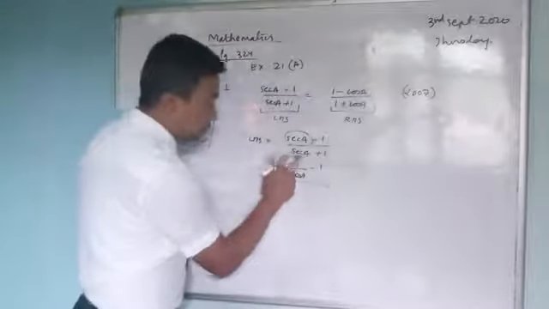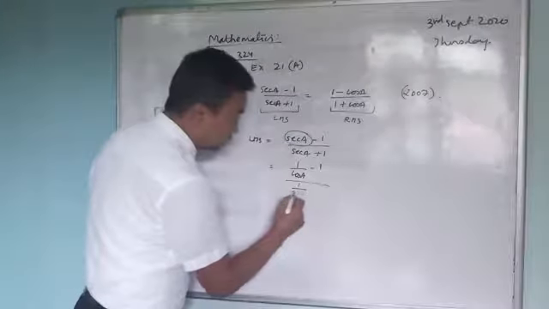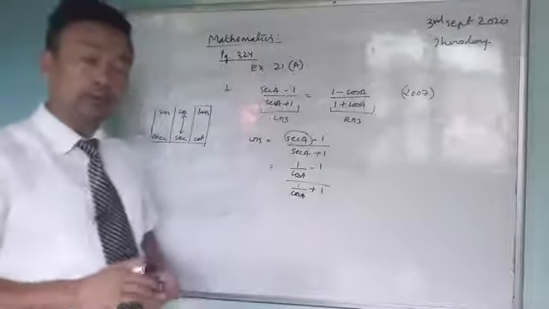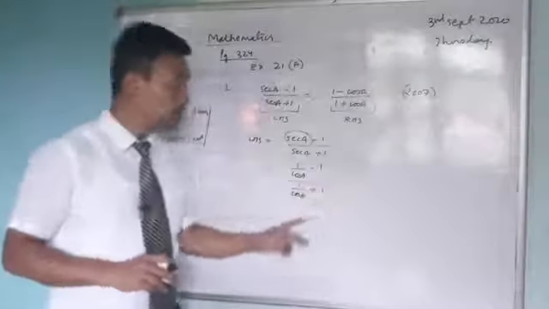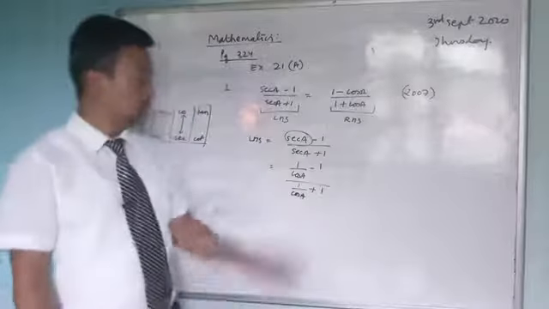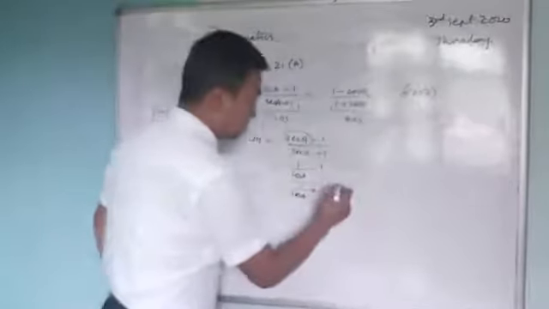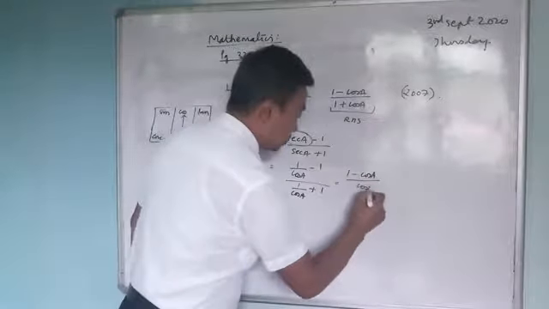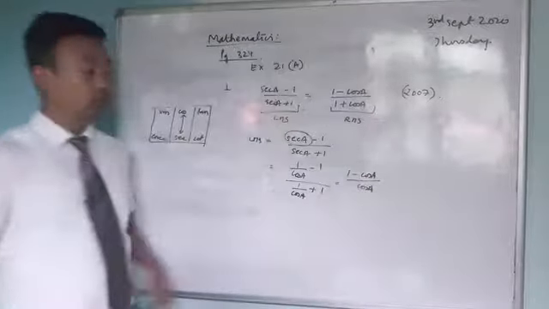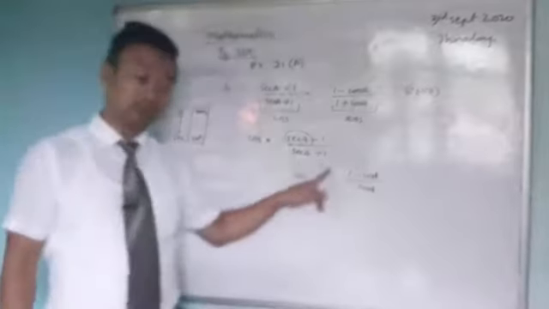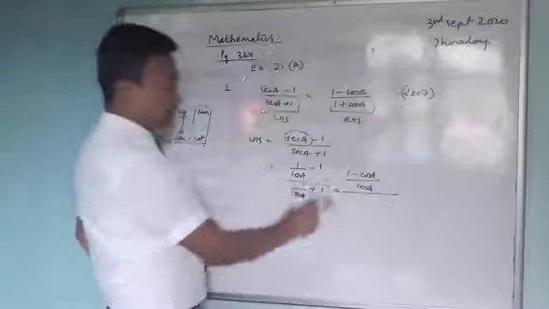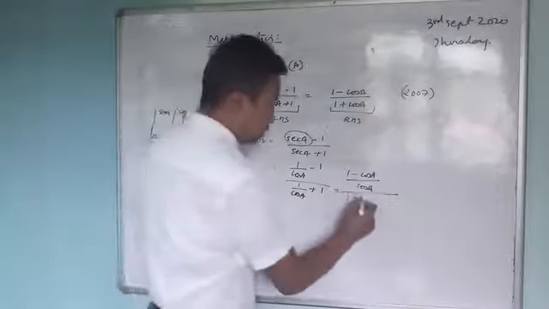And likewise, do the same thing in the denominator. It is very easy. Now, no need to apply any formula. Now you need to simplify this. So this is very easy by taking the LCM. You will get something like this: 1 minus cos A divided by cos A. If you look at the denominator also, it is the same.